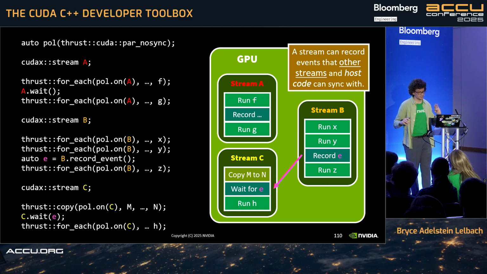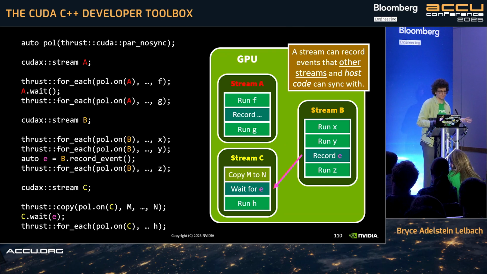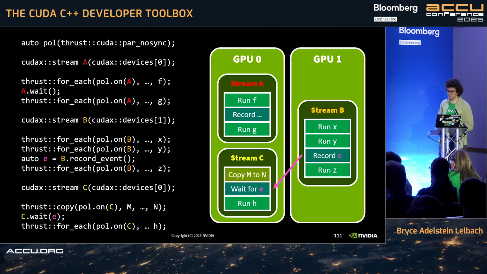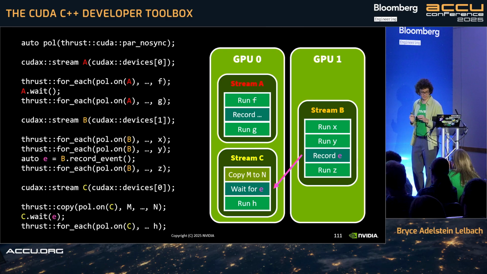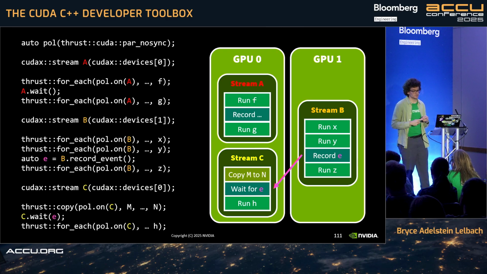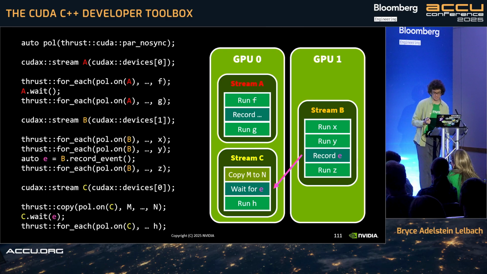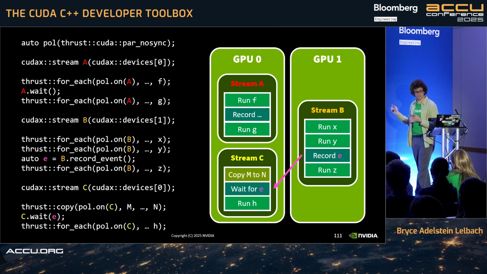It will just tell the stream to block on the event and return immediately. So you can use streams to control what specific device your code runs on. By default, they're constructed on the first GPU in your system, but you can explicitly construct them on any device on whatever system you're on. Dependencies can be established between streams that are running on different devices.